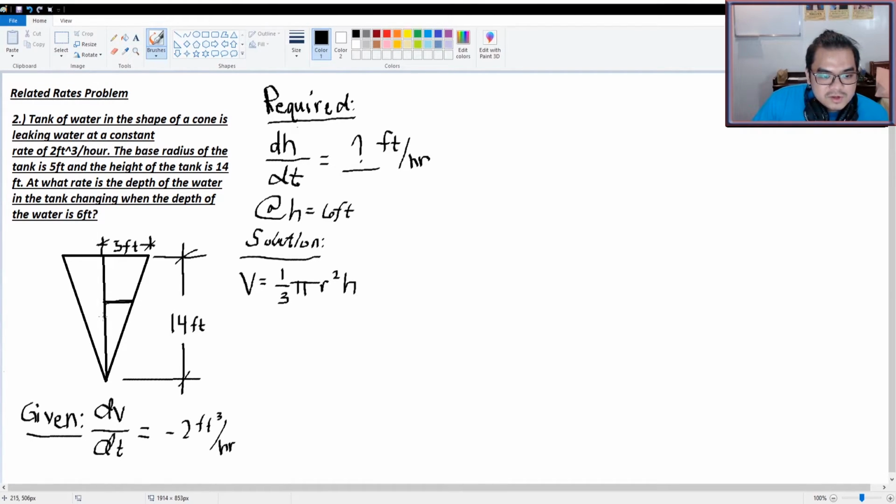And let's just call this from here to here H, and that is 6 feet. Of course, if this is H, your R from here is no longer 5 feet. So this must be different. So that is R. Okay, so using this right triangle, obviously this is a right triangle, you'll have something like this. Let's just rotate this one by 90. Nope. Another one.